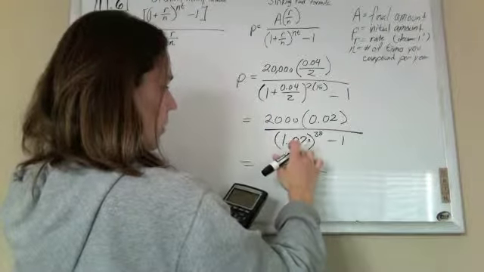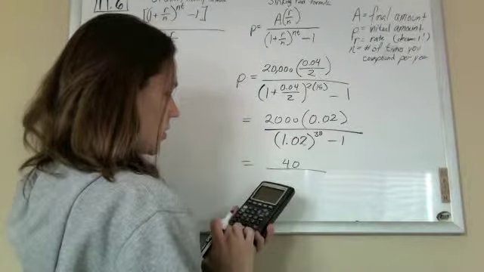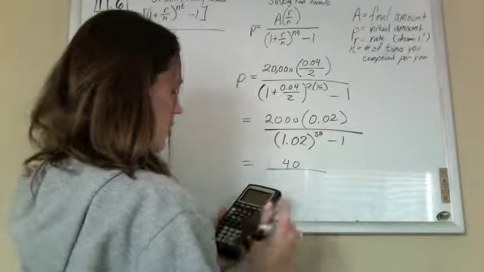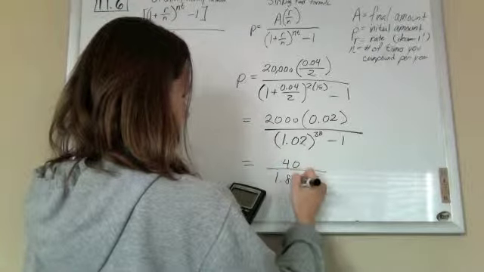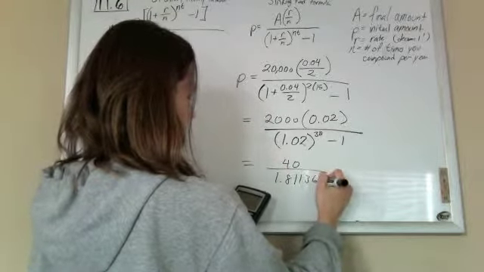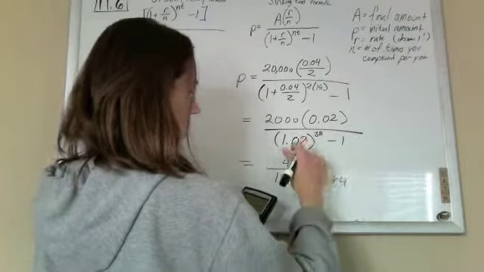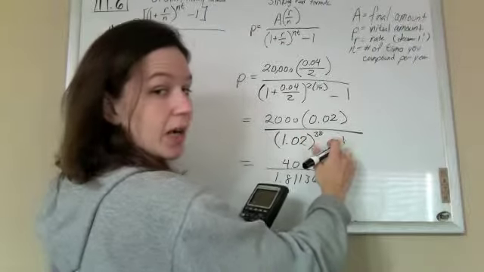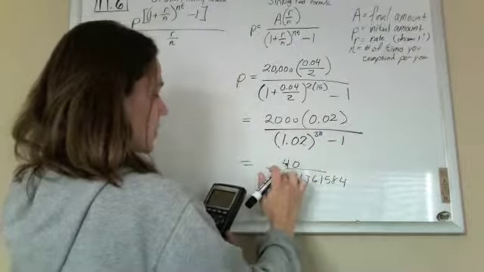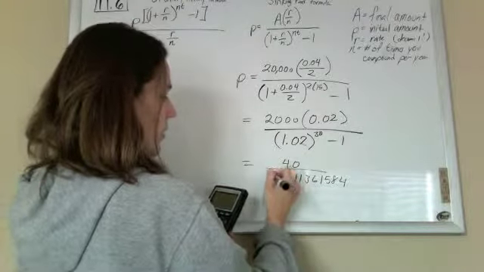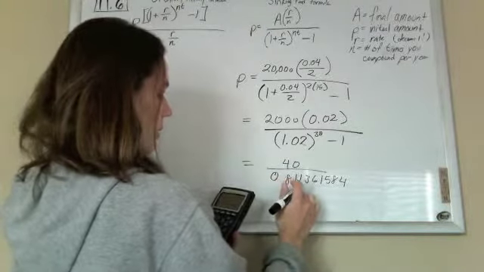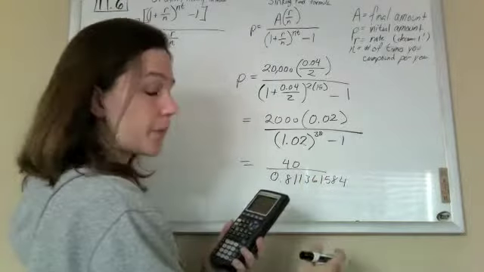In the bottom, 1.02 raised to the 30th is 1.811361584. That's that. Remember, I want to subtract a 1, so I'm just going to subtract 1. So I'll make that 0.81136, blah, blah, blah, blah.